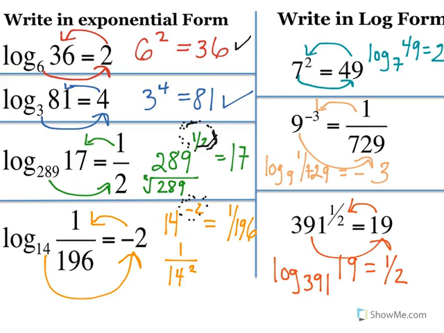Anytime you are taking a base and raising it to a negative power, you are in essence taking its reciprocal and then doing something with it. So 14 to the negative 2 power is 1 over 14 squared. If it was 6 to the negative 5th power, that would be 1 over 6 to the 5th power.